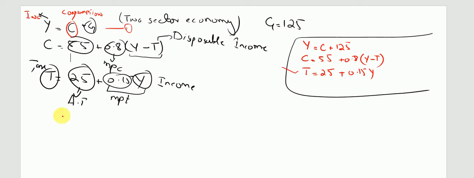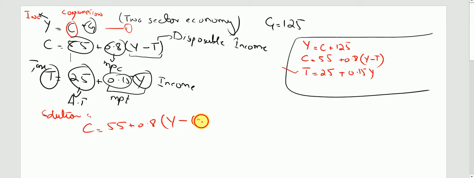So let's start. I am writing here the solution. First we have to substitute this t into c. So let's begin: 55 plus 0.8, y remains the same, and in place of t we put the value of taxation, which is 25 plus 0.15y. Bracket close. Now we just have to open up the bracket.